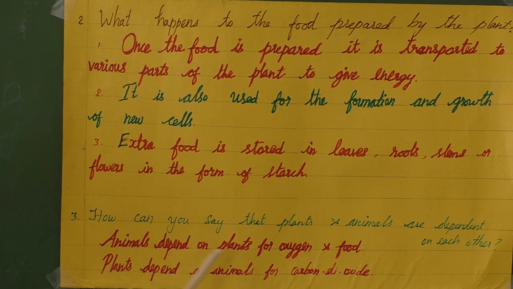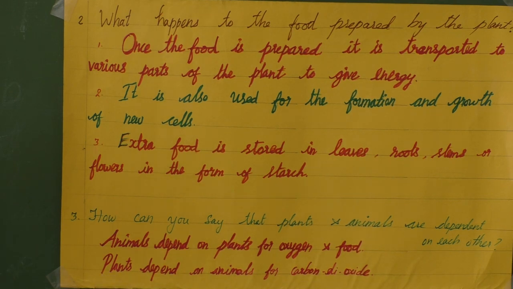Animals depend on plants. For what? For oxygen and food. Animals depend on plants for oxygen and food. Then plants depend on animals for carbon dioxide.